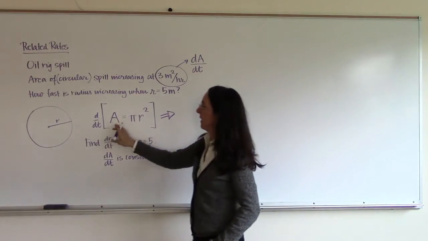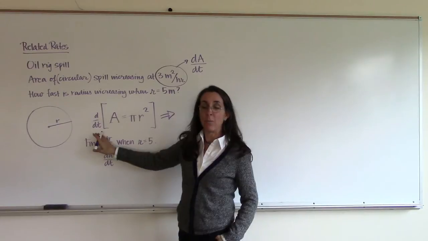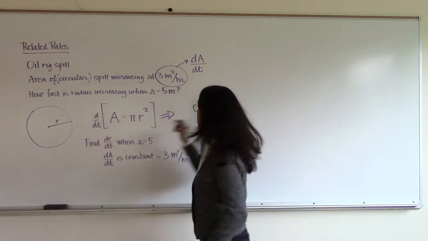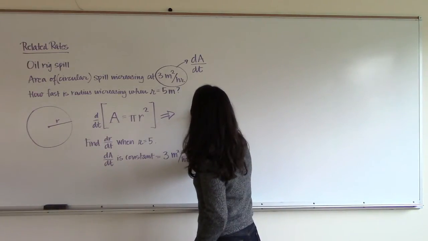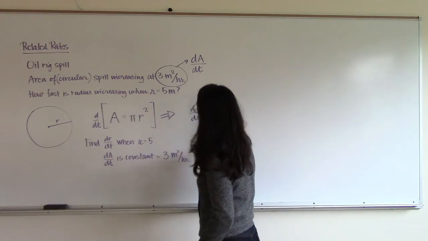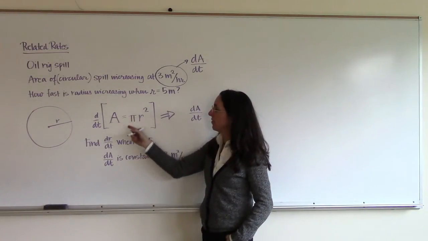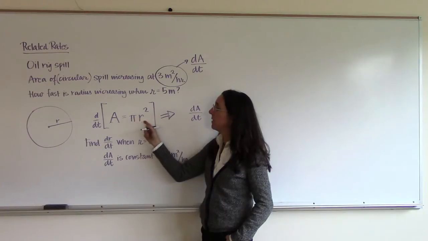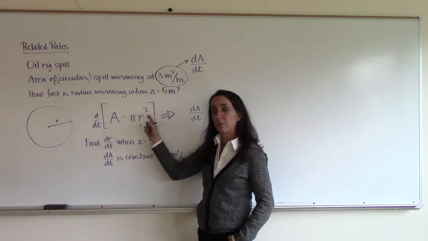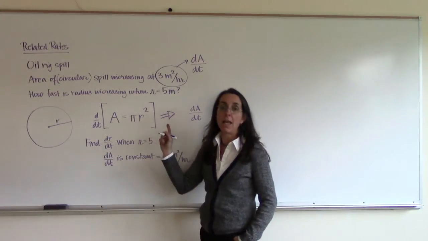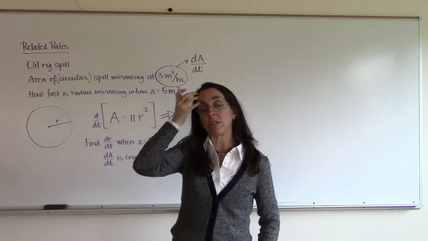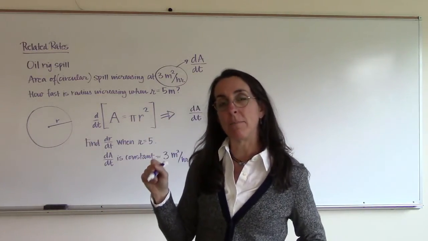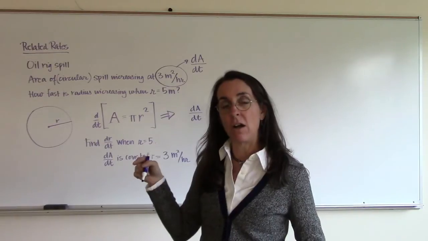If we take the derivative of A with respect to t, that's just dA dt. Over here, if I want to take the derivative of pi times r squared with respect to t, I treat this like I'm differentiating with respect to r, and then I multiply it by the derivative of r with respect to t.